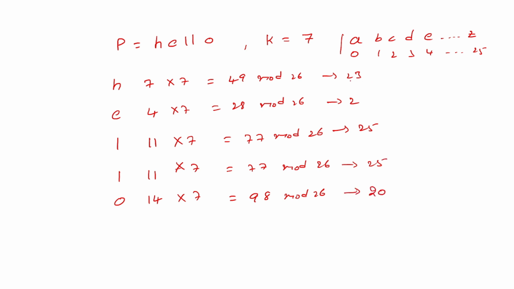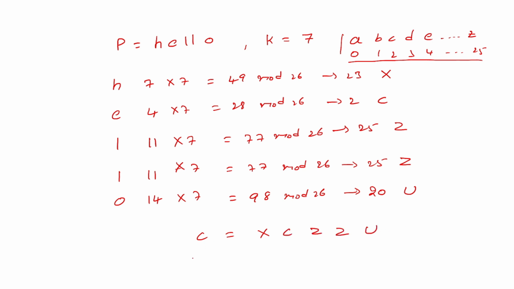So from this table, at 23 we have X, at 2 C, 25 Z, 25 Z, 20 U. Okay, so the cipher text is X, C, Z, Z, U.